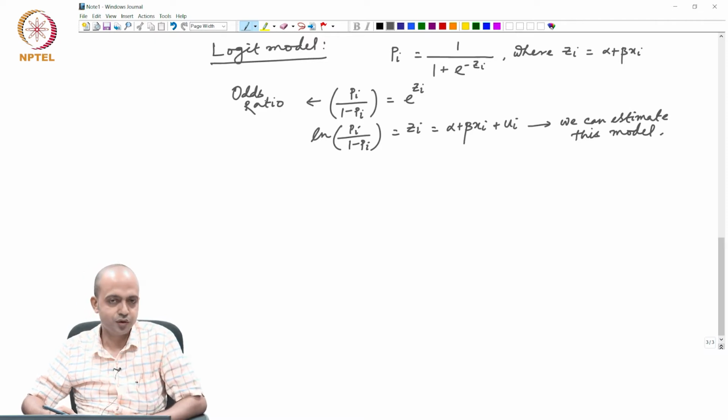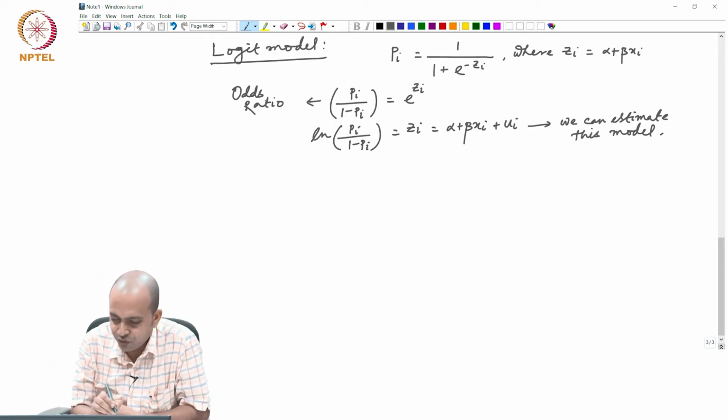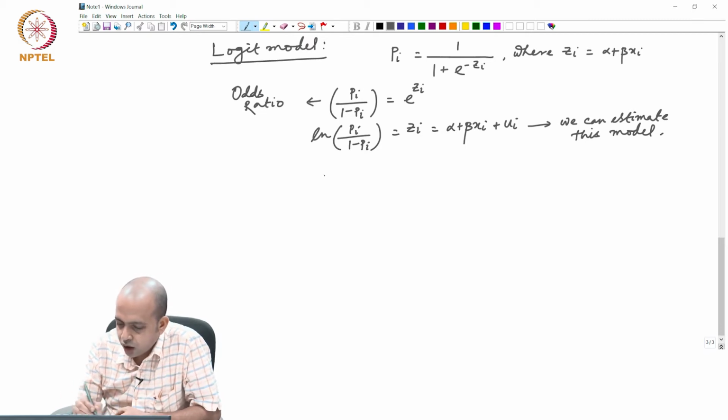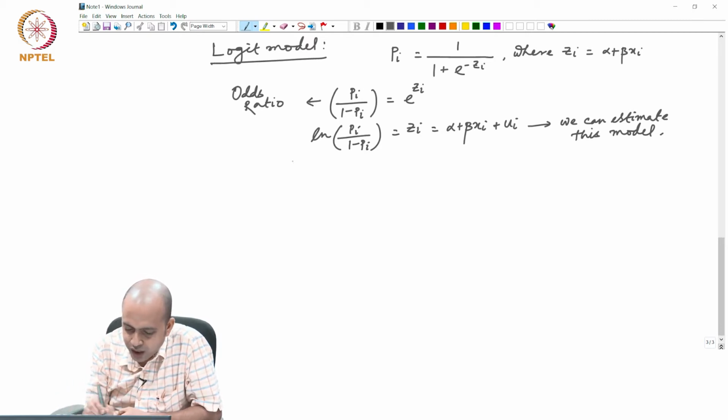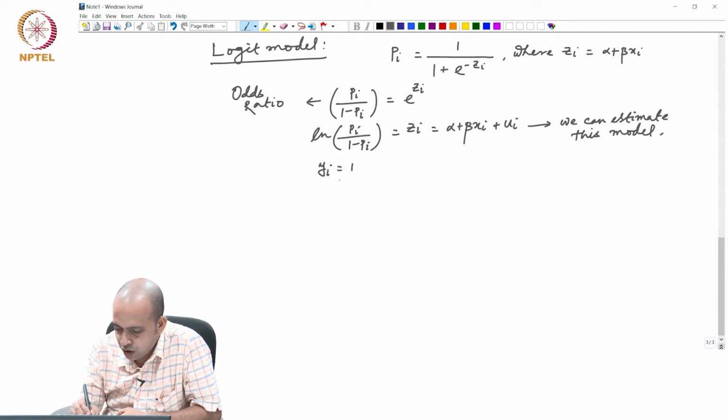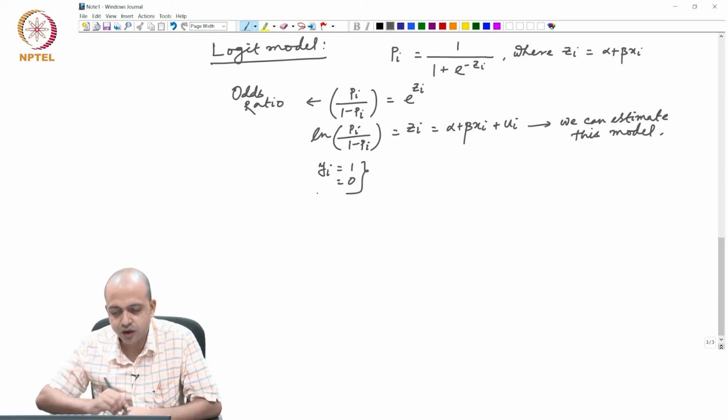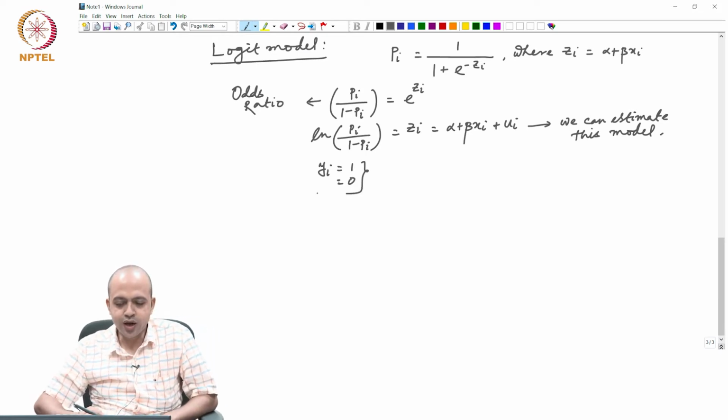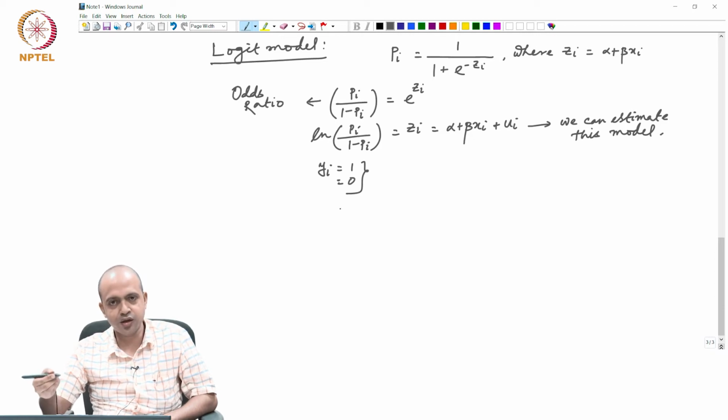We can take the log of this. Now, how will you estimate this model? You have information on y, and y can take two values, yi equals either 1 or 0. yi equals 1 indicates the individual is owning a house, and 0 indicates not owning a house.